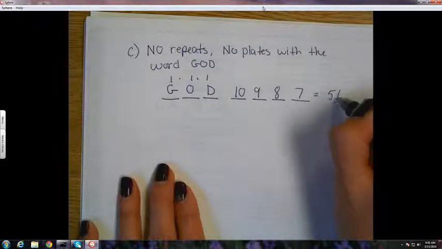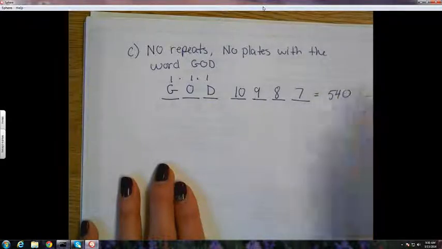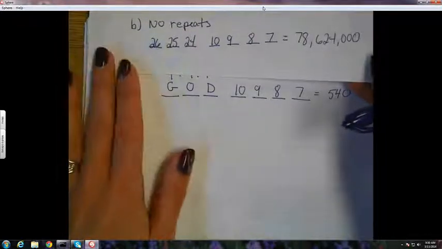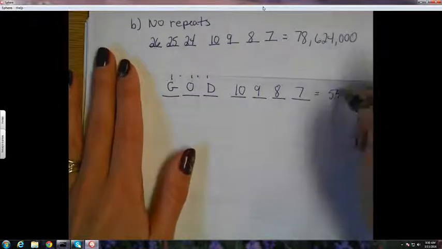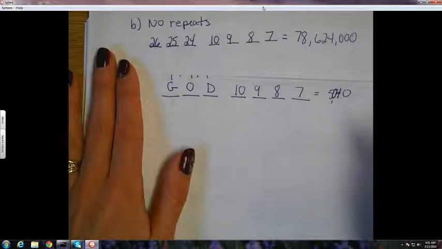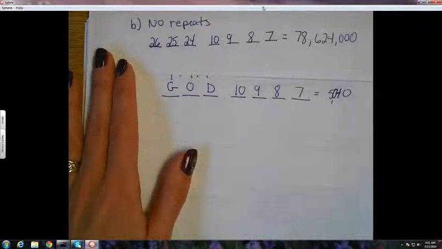So, how many plates would I have total then without the word God? What do I have to do? 5,040. So how would I get the total number of license plates if I'm not allowed the word God?